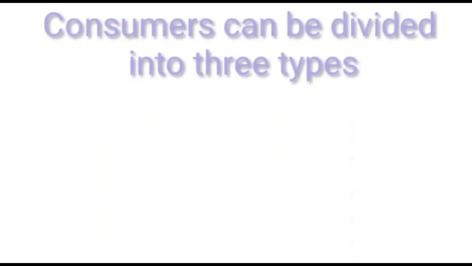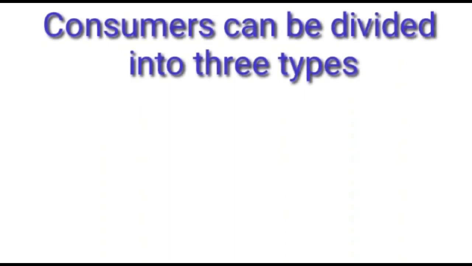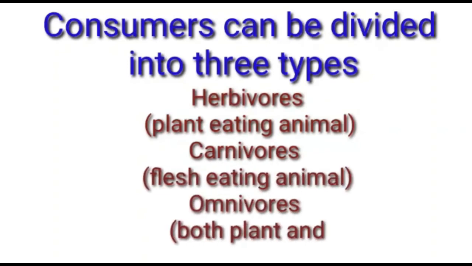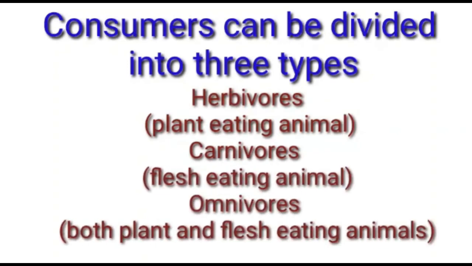Consumers can be divided into three types based on their food as herbivorous, plant-eating animal; carnivorous, flesh-eating animal; omnivorous, both plant and flesh-eating animals.